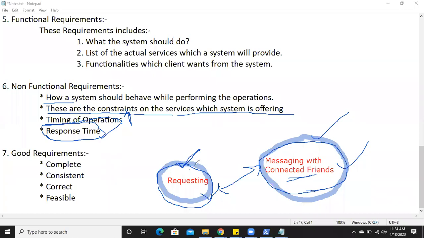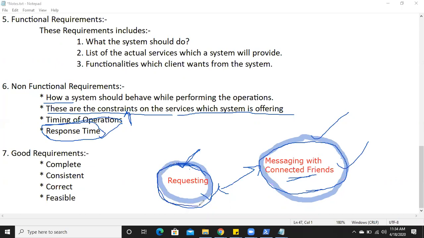Processing time means if a particular user accepts a request, in what time should the notification be sent to the user who requested to be the friend of that particular user, right? So this is about the processing time.